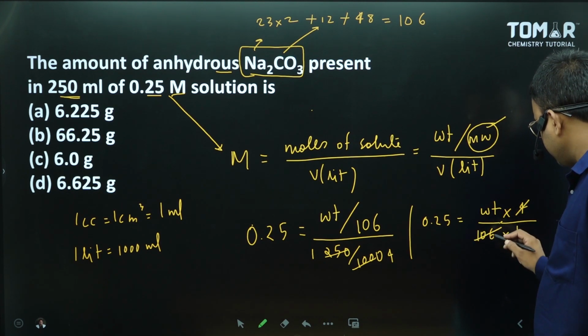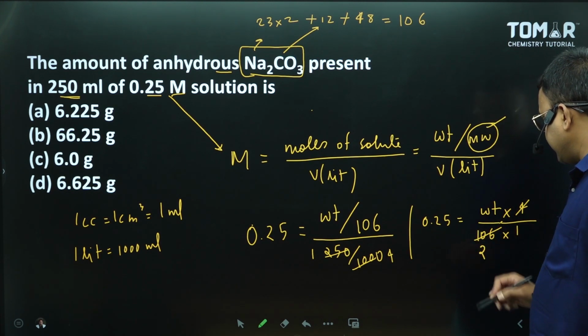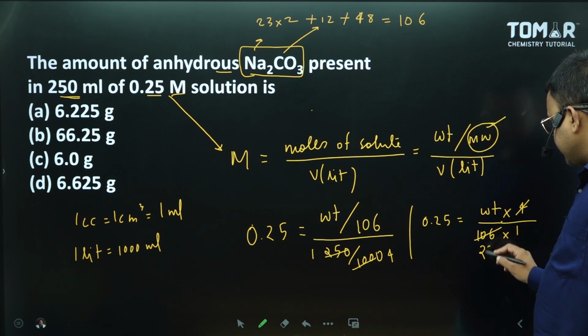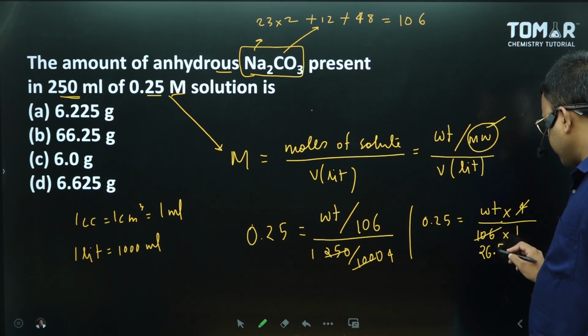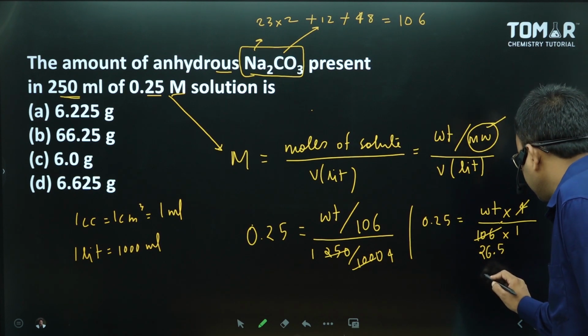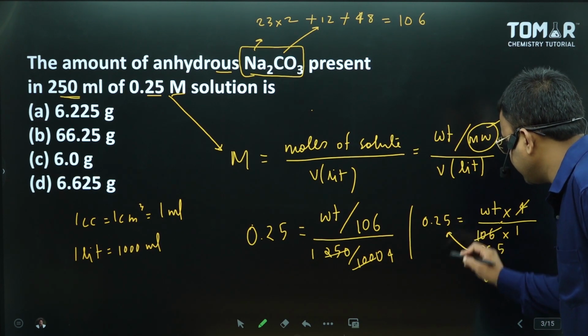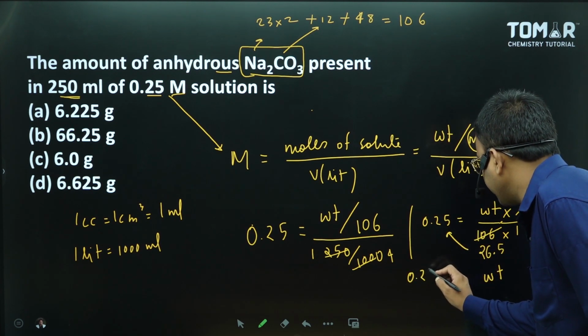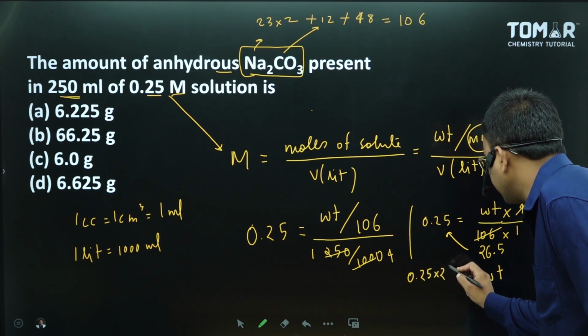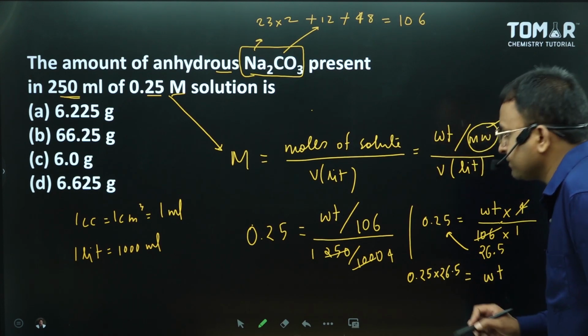Divide it by 4: 4 2s are 8, 4 6s are 24, 4 5s are 20. And multiply this here, 0.25 into 26.5.